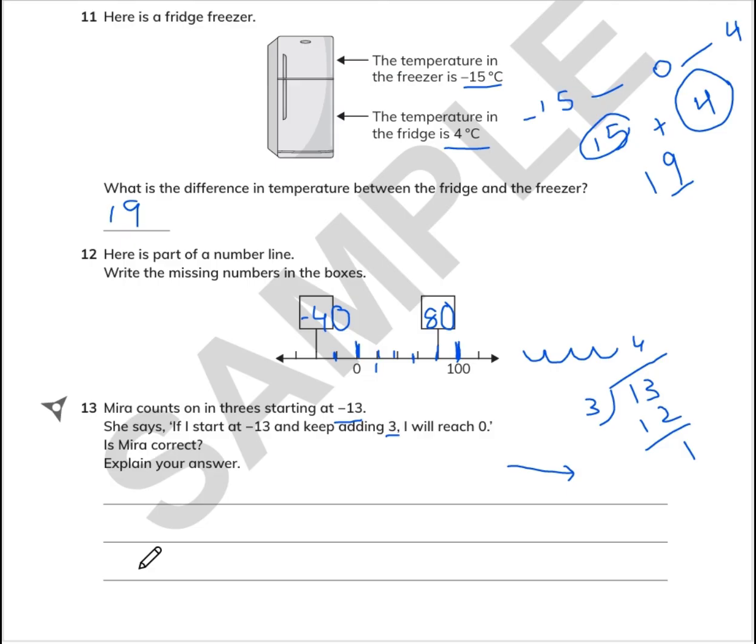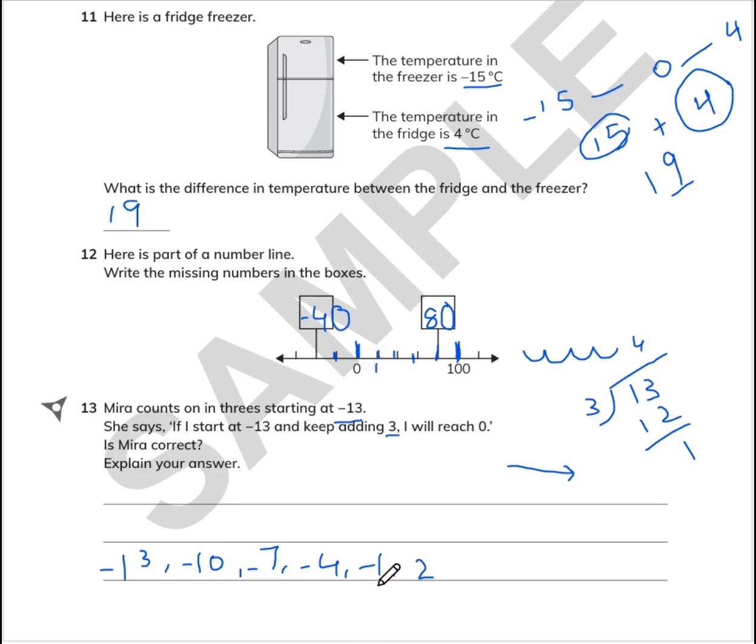And we can also write the sequence to check it. For example, minus 13, then minus 10, minus 7, minus 4, minus 1 and then 2. You can use the term to term rule, add 3 here and then follow this, so you will know that there is no 0 coming.